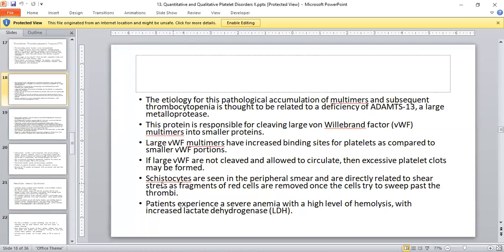So yes, you will get schistocytes in the blood once you do a PBF. That can explain the anemia seen in patients who have TTP because of the hemolysis.